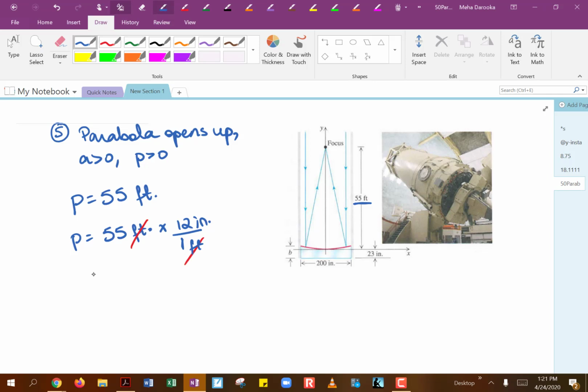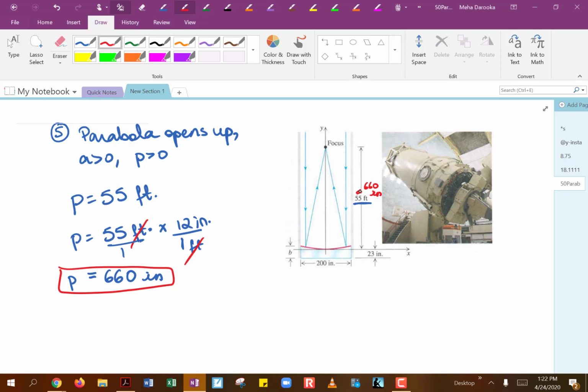This will help us convert from feet to inches, and 55 times 12 will end up giving us 660 inches. So rewriting this in inches is going to be 660 inches for our 55 feet. Okay?